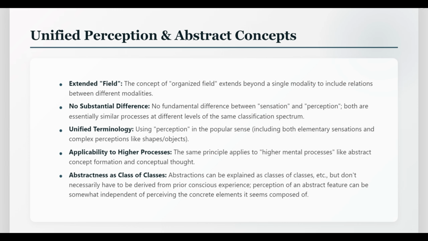So we can use the term perception more broadly, covering everything from basic color detection to recognizing a melody. And crucially, this same principle applies upwards. Abstract concepts, like justice or freedom, can be understood as high-level classes or classes of classes, built upon the same fundamental mechanism. Interestingly, perceiving an abstract feature might happen somewhat independently of consciously perceiving the concrete details it supposedly represents.